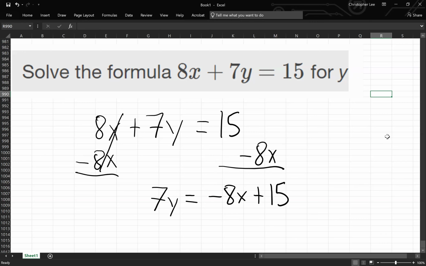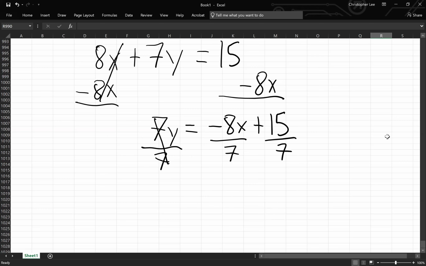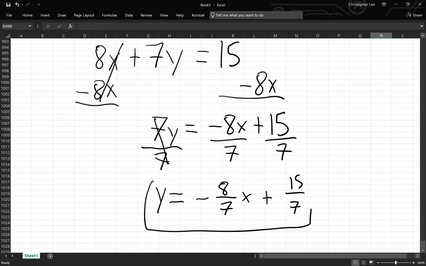Not 15, divide by 7. Divide by 7 to get y by itself. And then that's it. Done. So y equals negative 8 over 7 x plus 15 over 7. Easy, right?